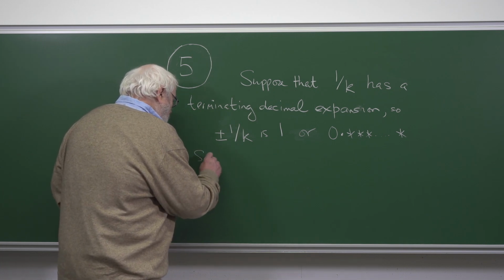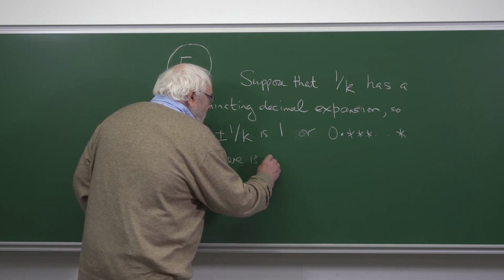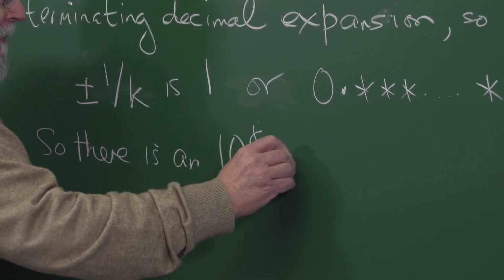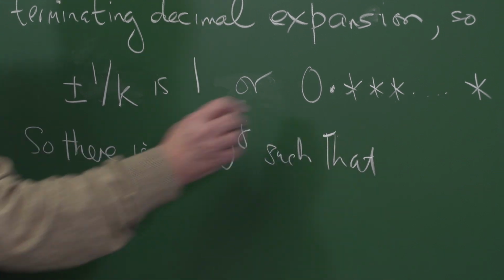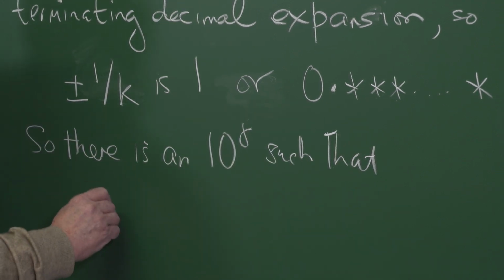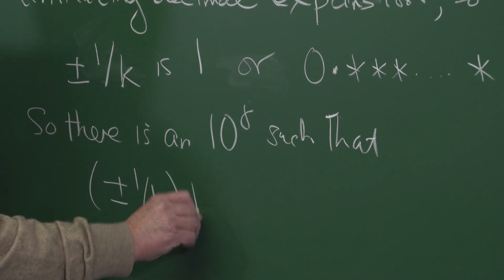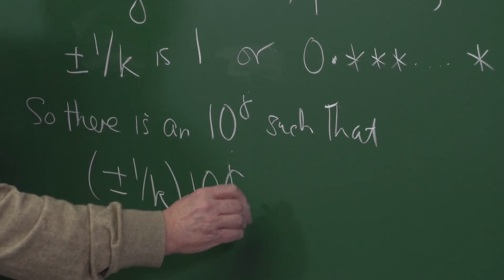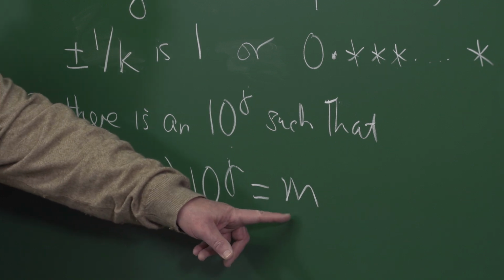So there is a 10 to the power j such that plus or minus 1 over k multiplied by 10 to the power j is m, where this is an integer.